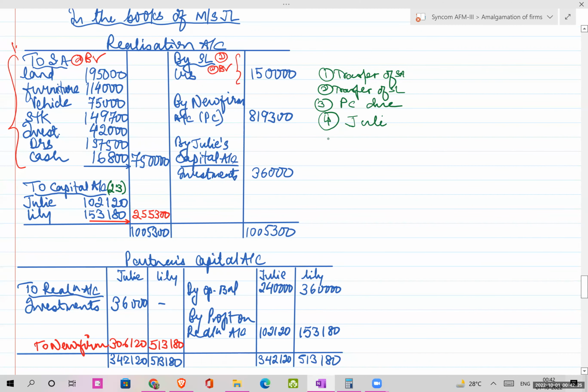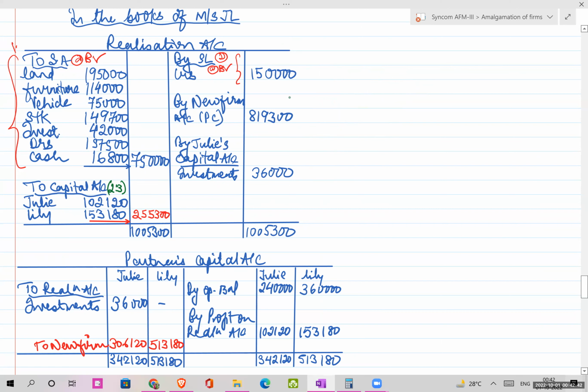So 1, 2, 3, 4, the fourth one is this: Julie's capital account debit to realization, 36,000. These are the four entries which are given in the question.